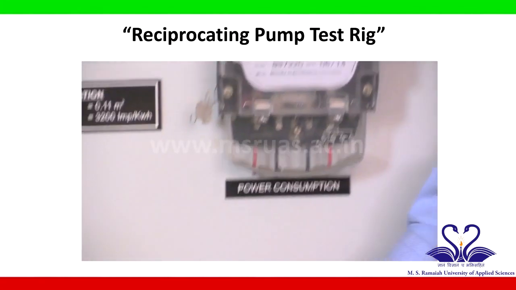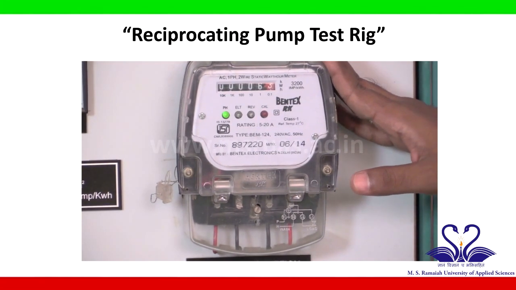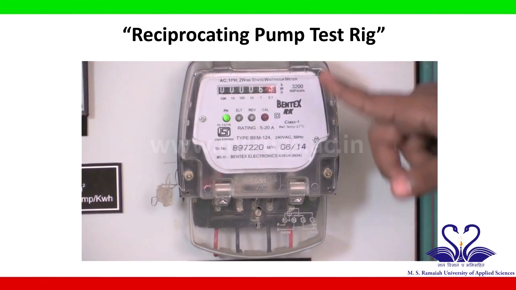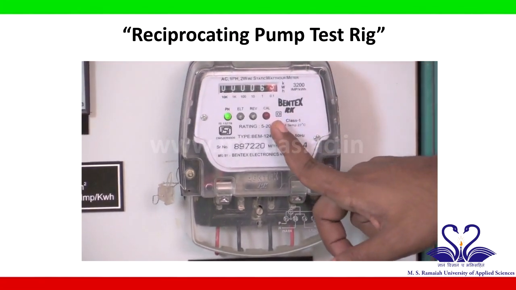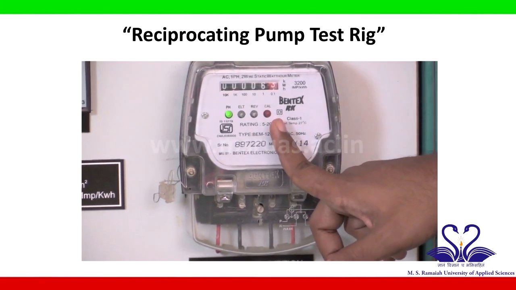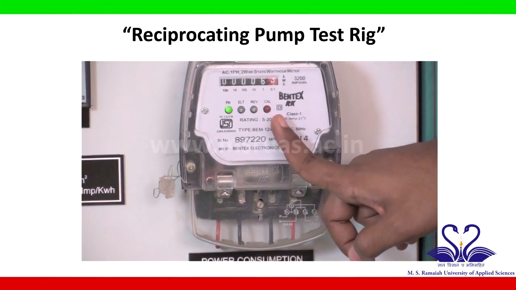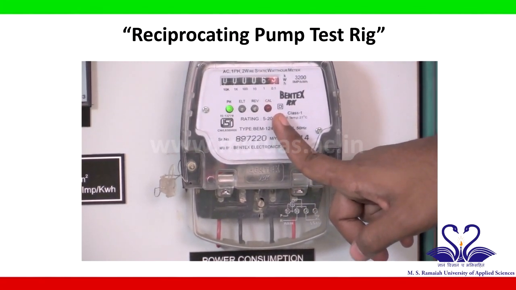The power consumption for the motor can be calculated using the energy meter. Here we have to note down the time for a certain number of blinks. Using the time and the number of blinks, we can calculate the power that is coming into the pump.